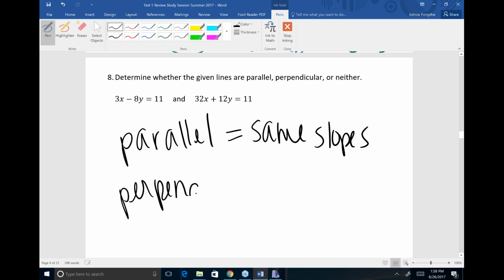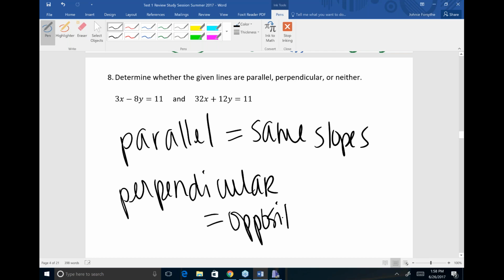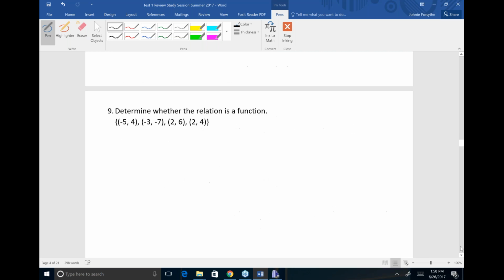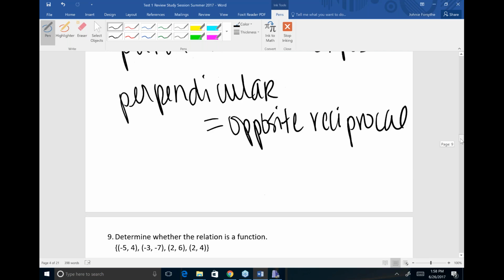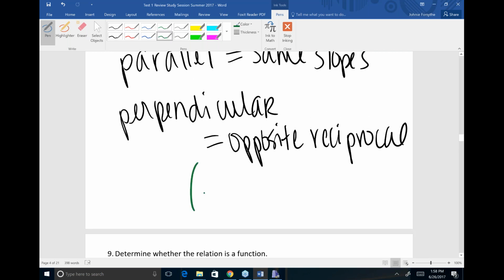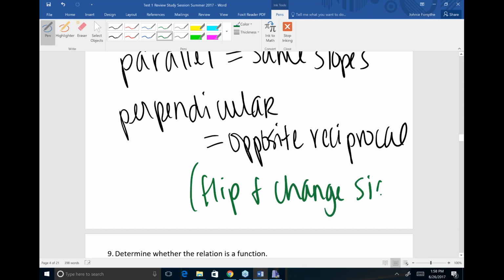Perpendicular lines have opposite reciprocal slopes. You would flip and change the sign.